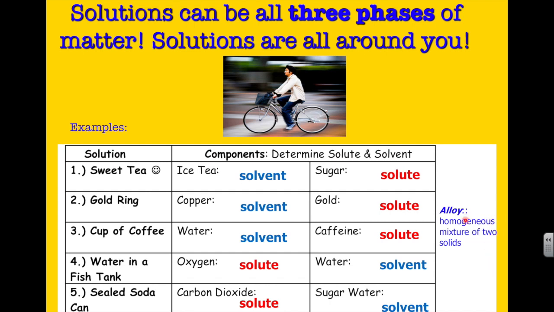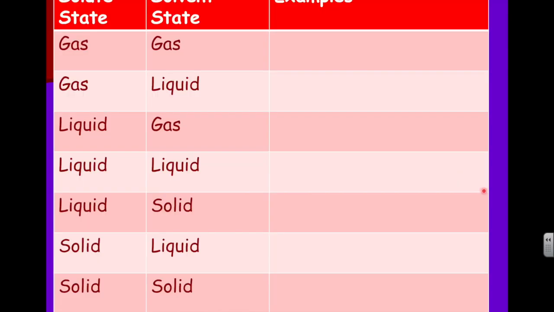By the way, an alloy right here, when you have two metals mixed together, or you have a solid and a solid, that is going to be called an alloy. All right. So this is going to be useful for your assignment here. If you have a solute gas dissolved in a solvent gas, that would be something like air.